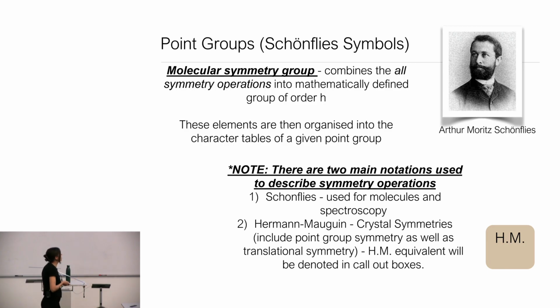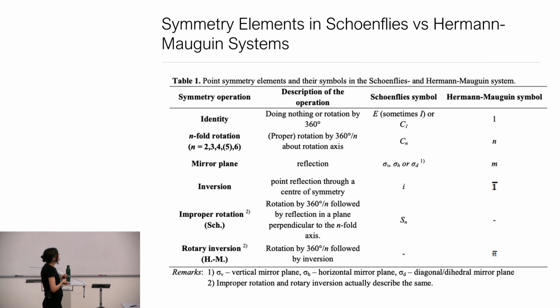What I want to point out, and the reason I didn't introduce the symmetry elements in both notations, is that this table of equivalencies between the two systems shows there are equivalencies in some cases, but they're not always defined the same way.